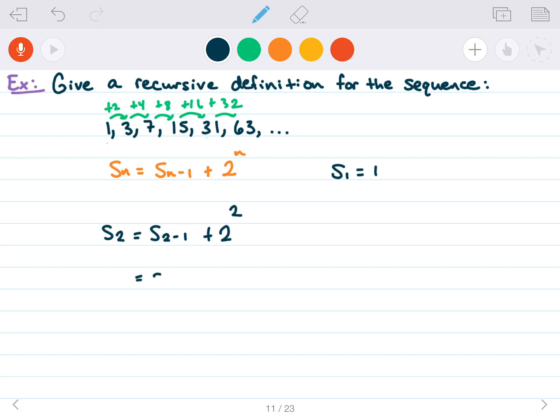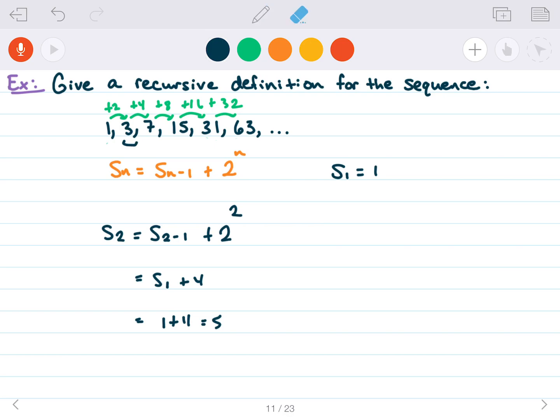So that's going to give us S sub 1 plus 4, and S sub 1 is 1, so we have 1 plus 4, which is going to give us 5, right? Not 3, which is what we wanted.